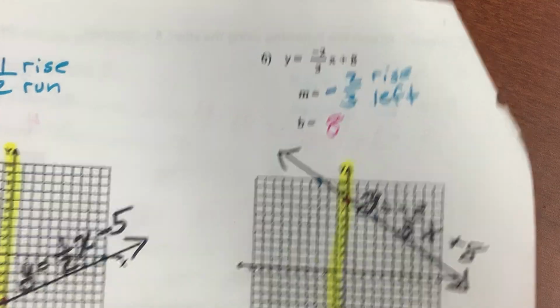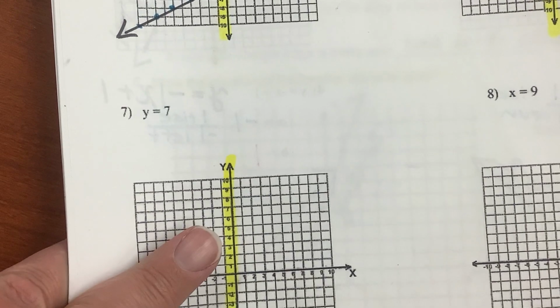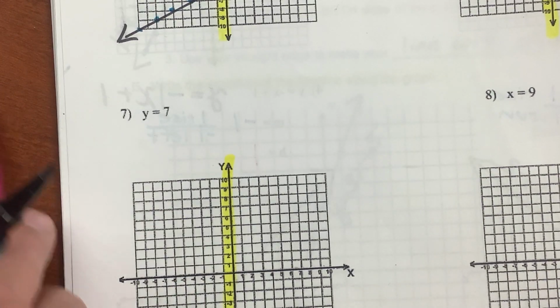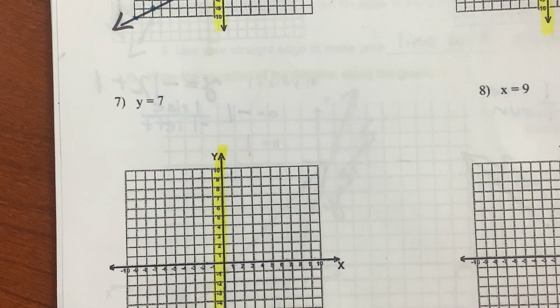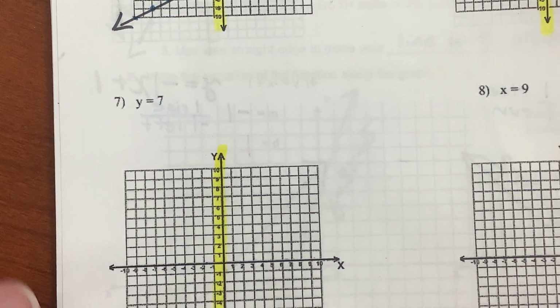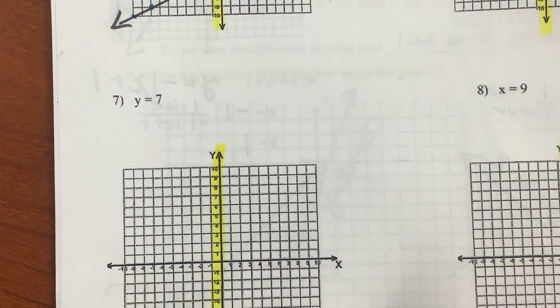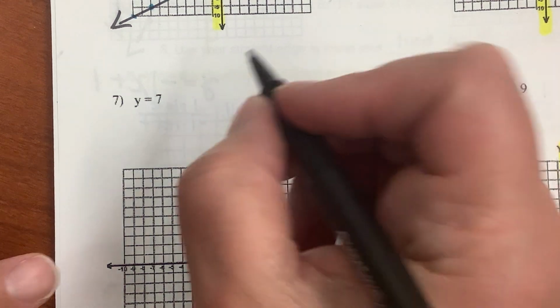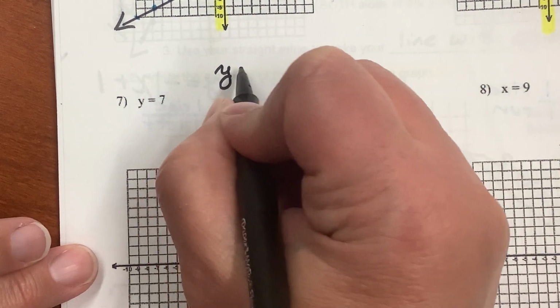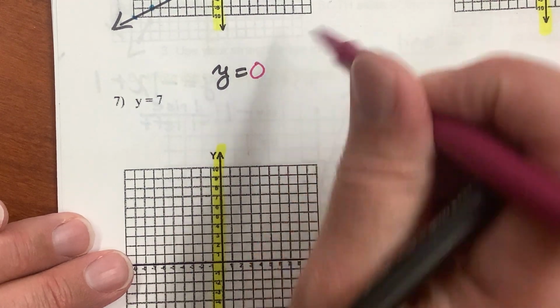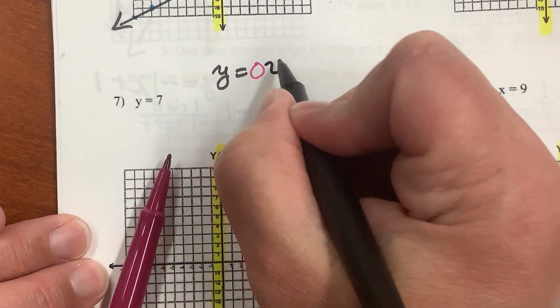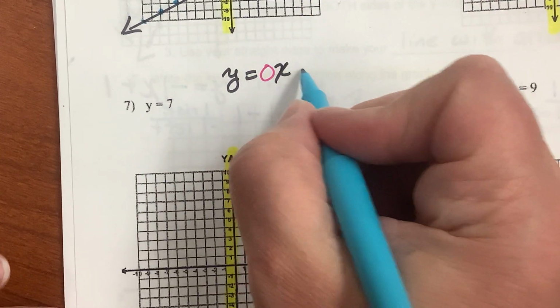Ooh, this one is nice and easy. Look at that. y equals 7. So what is the slope on that? Remember, when there's no slope shown, that means I multiplied times 0. This was really y equals 0 times x plus 7.